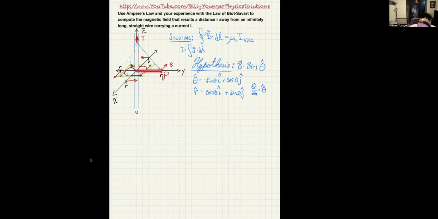Now, if we go to theta equals 90 degrees, just like this vector or this vector showed before, if you take the negative sine of 90 degrees, the sine of 90 we know is 1, so the negative of the sine of 90 should be negative 1, and then the cosine of 90 is actually 0. So we expect this to just point in the negative x direction, which is exactly the direction we have drawn here and here.